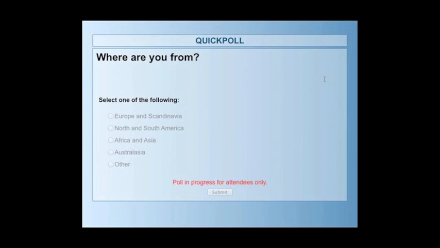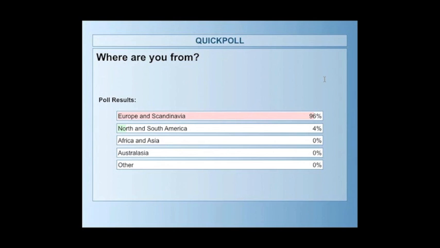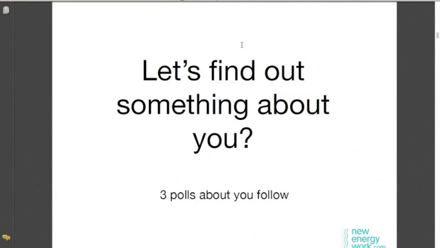We've got 96% so far from Europe and Scandinavia, 4% from North and South America, and no one from anywhere else, which is quite unusual. Usually we have a wider geographical spread. So there we go. Well, hello to those of you in North and South America, and to those of you all over Europe.